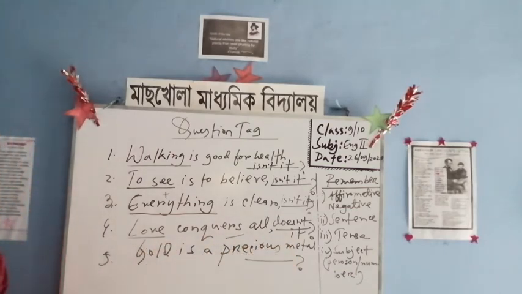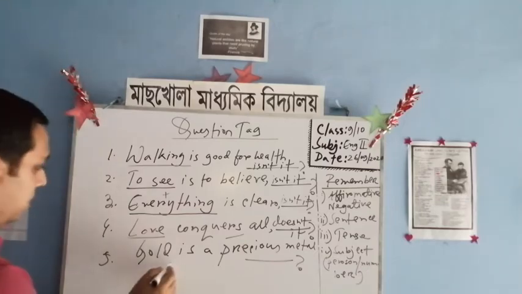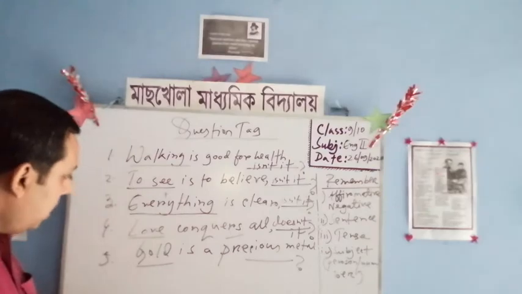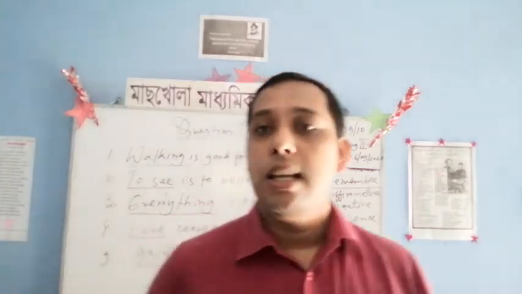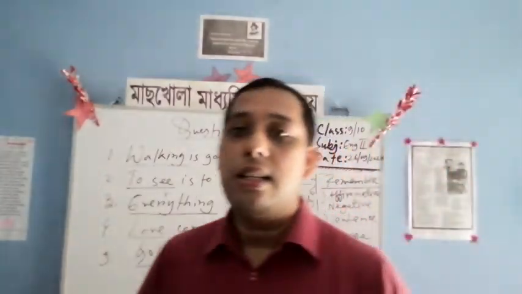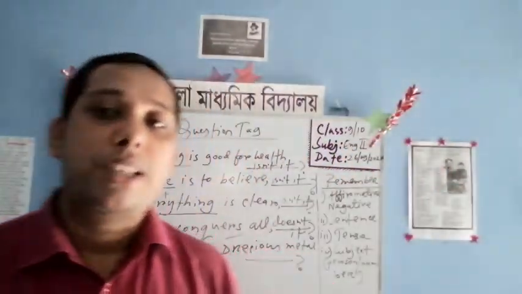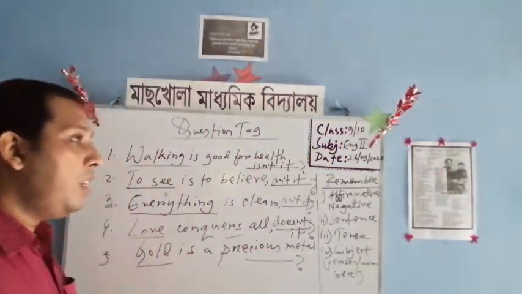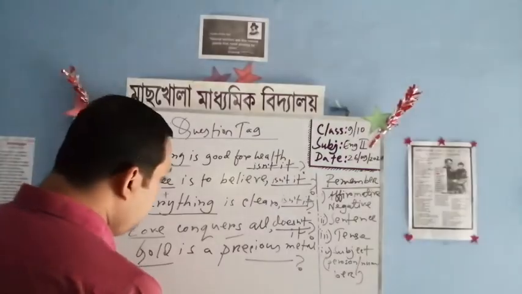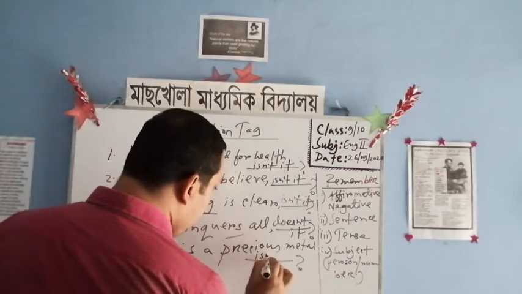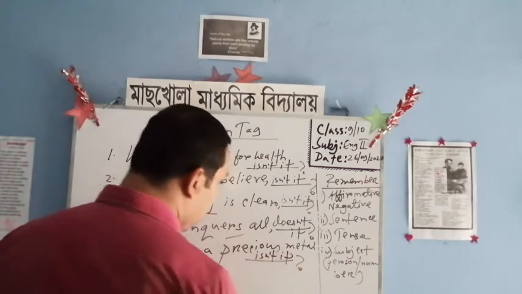Let's move to question number 5. Gold: what type of noun is it? This is a material noun. In case of material noun, we also use it. So, isn't it?